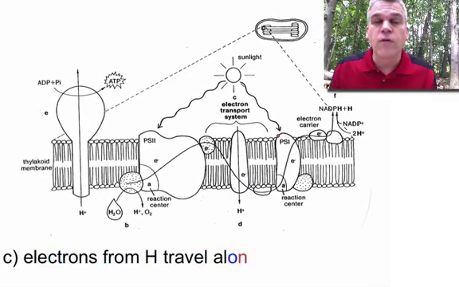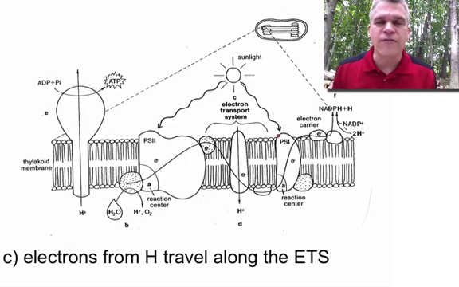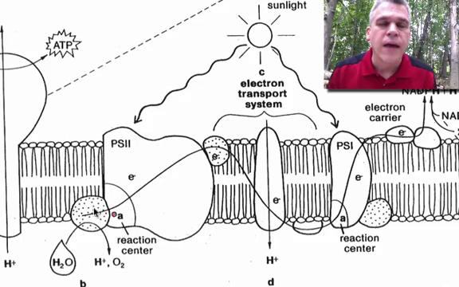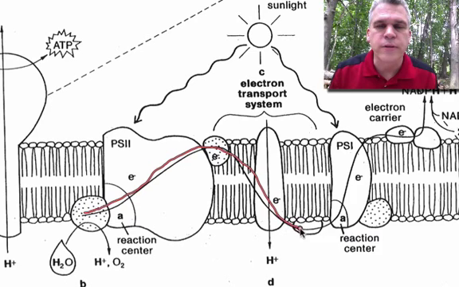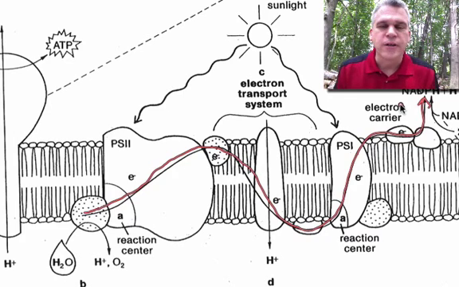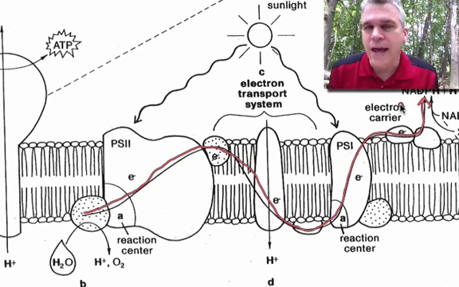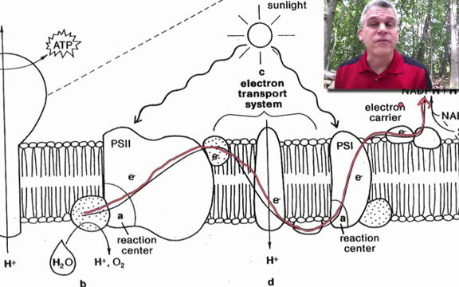Let's follow the flow of electrons, because really when you think about a flow of electrons, what comes to mind is electricity. There's energy there. And so these electrons are going to be moving along this electron transport system. And real quick, of course, these electrons are moving from atom to atom. They're literally jumping from one atom to the other atom.